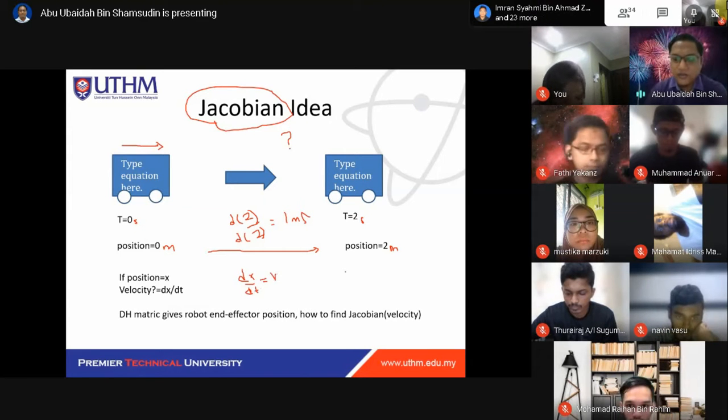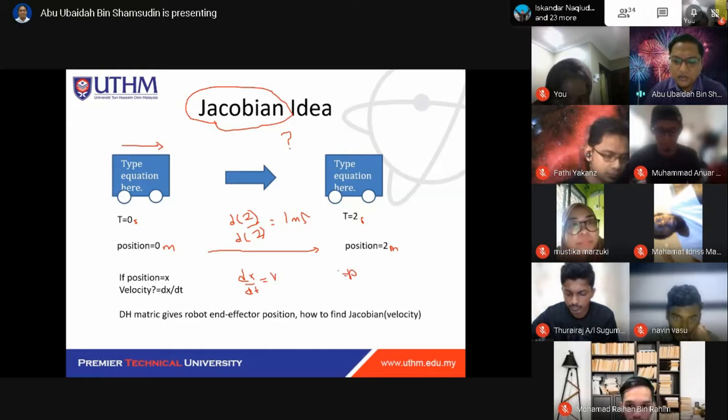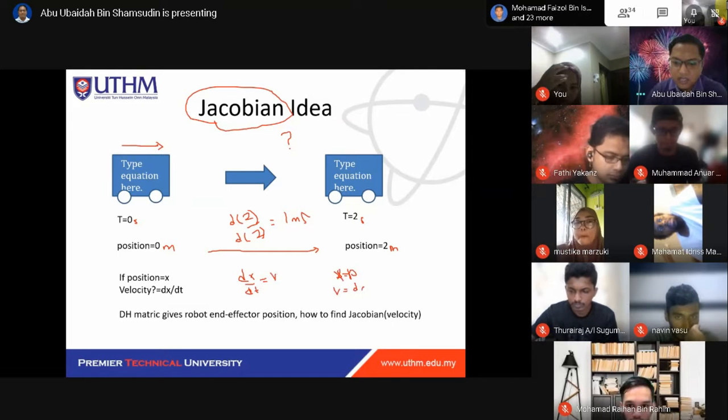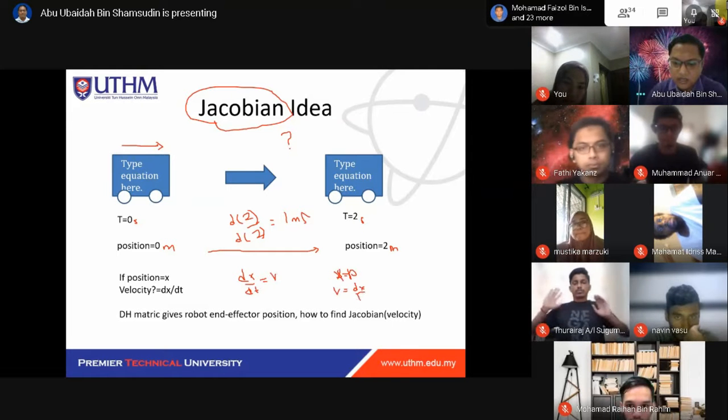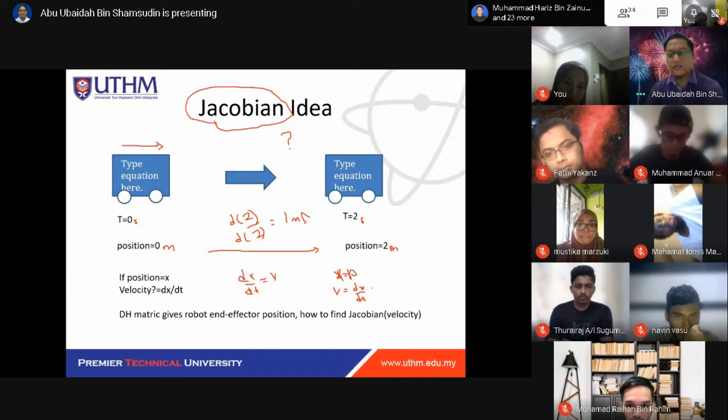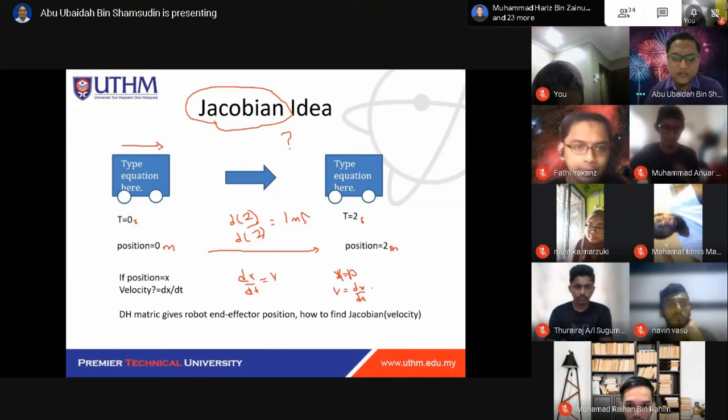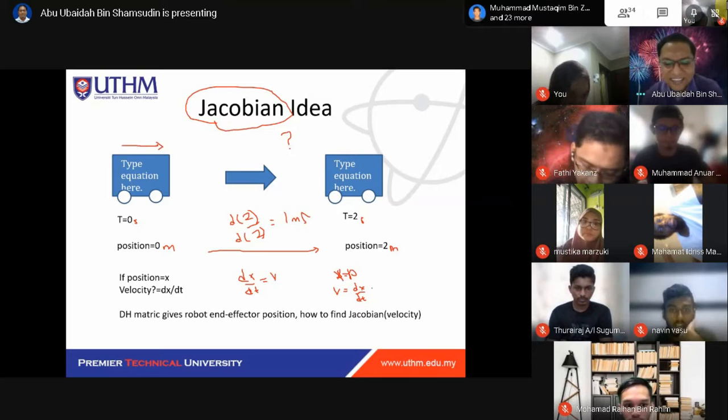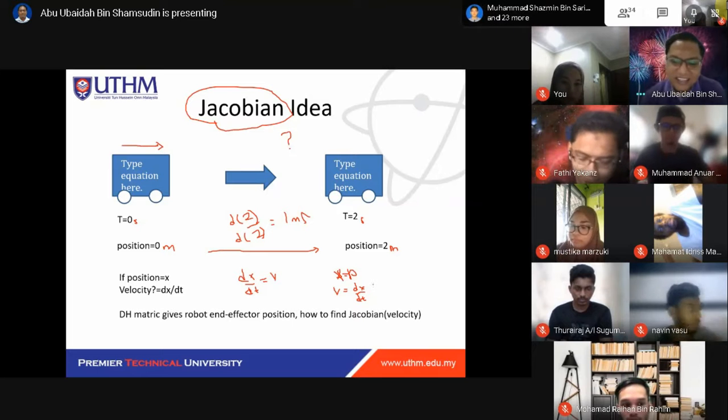If you remember previously, x is position, and to get the velocity, we just need to differentiate dx over dt. Is it correct? Do you agree with me? Okay.